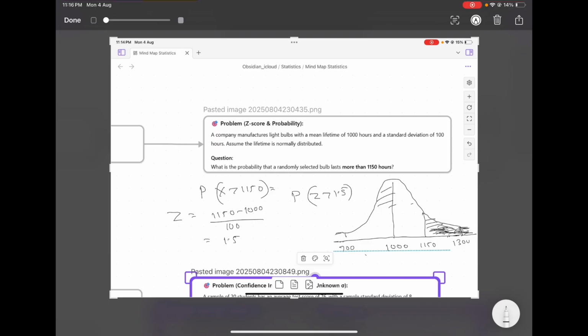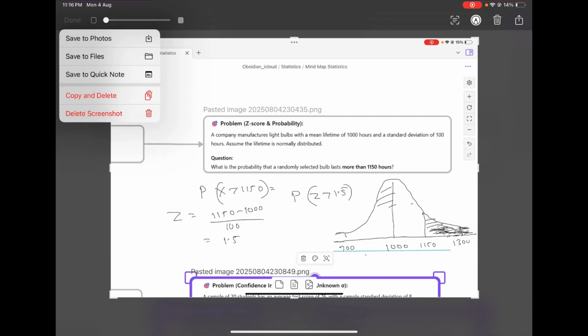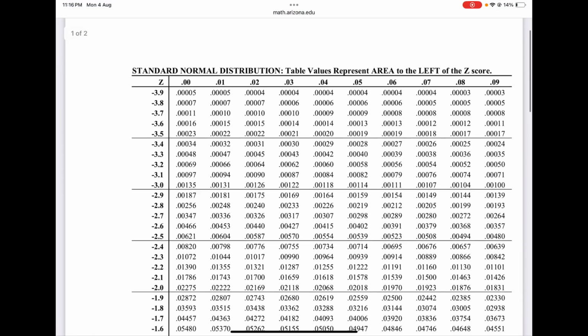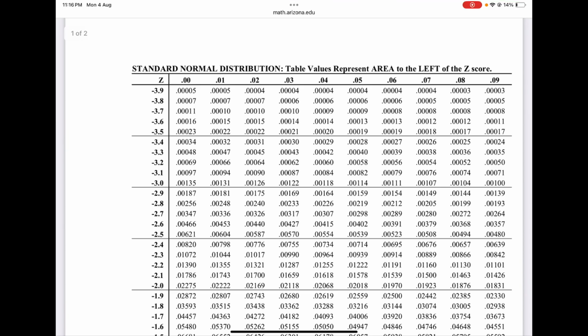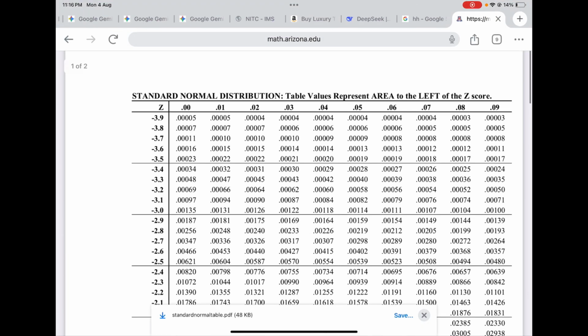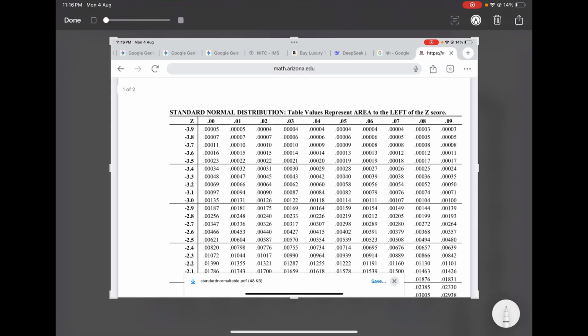Now let us take a look at the Z table. So this is the Z table. You can see the standard normal distribution and table values. The table values represent the area to the left of the Z score. That means if you draw a curve like this, for example, let us take Z to be -3.